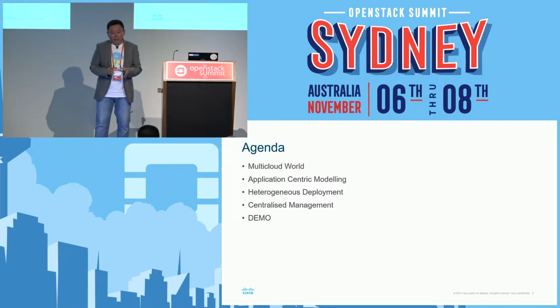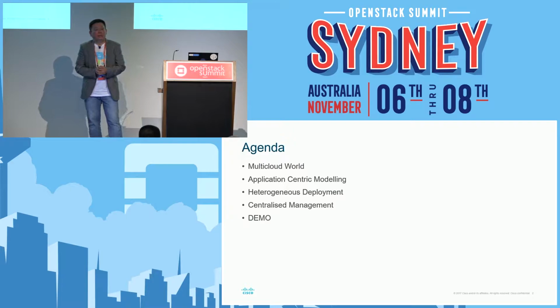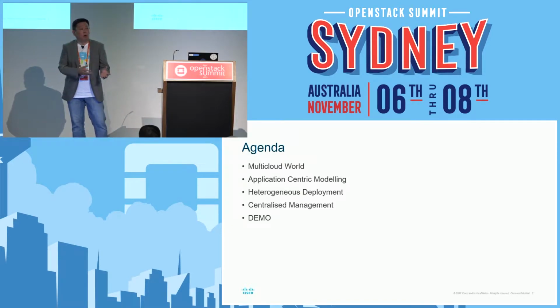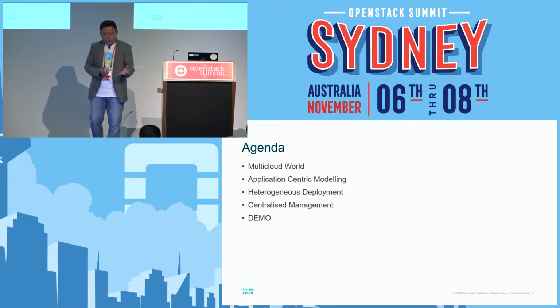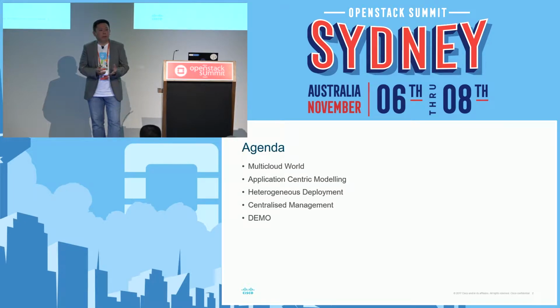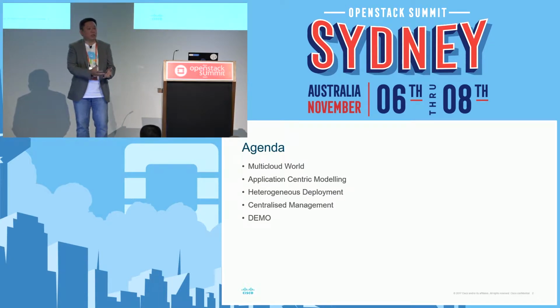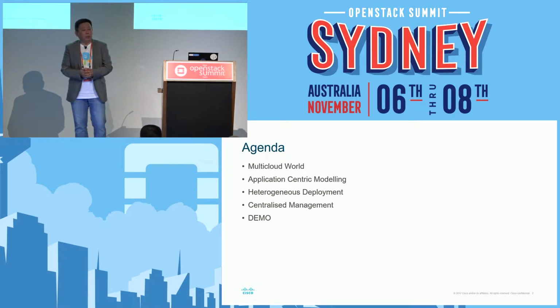So the next thing is application-centric modeling. So a lot of people deploy applications into one particular cloud or multiple clouds or a combination of hybrid clouds, right? And how do they actually deploy without having to worry about how the application actually sits, right? A lot of people consume a lot of services from the cloud, and they use those services.